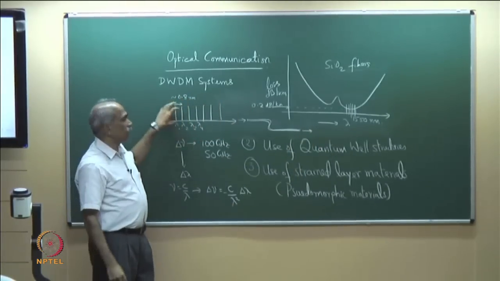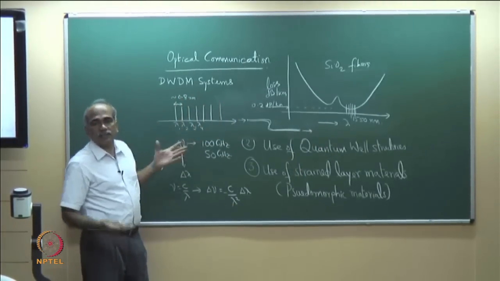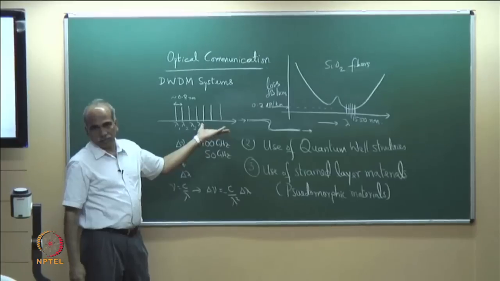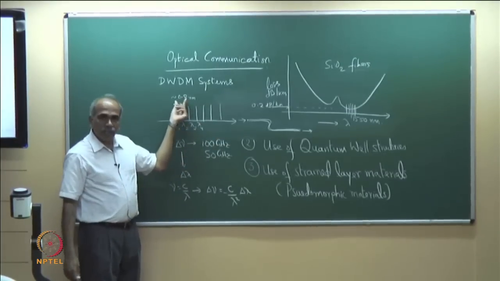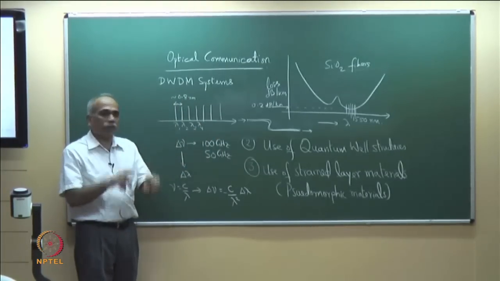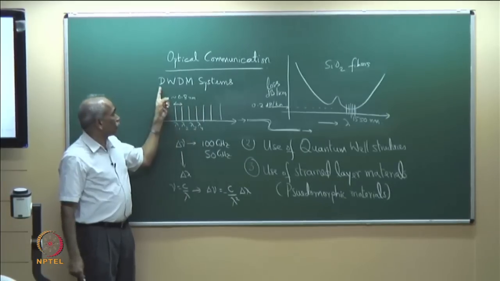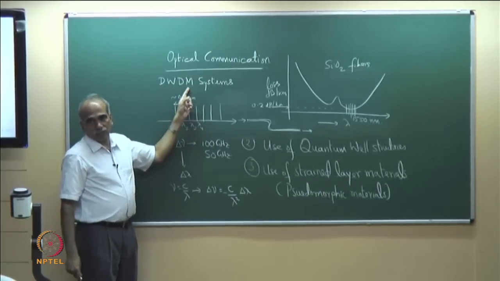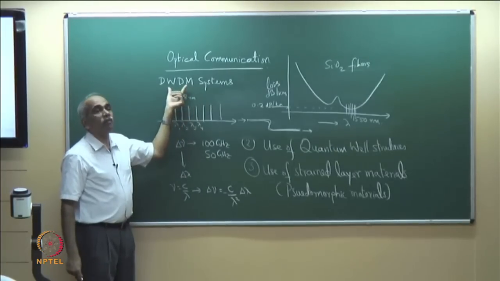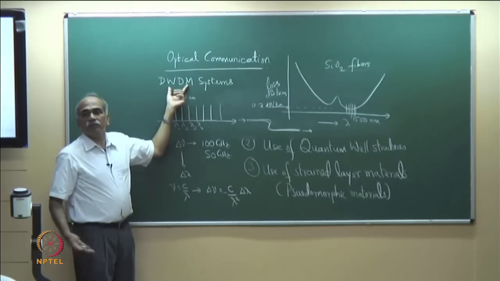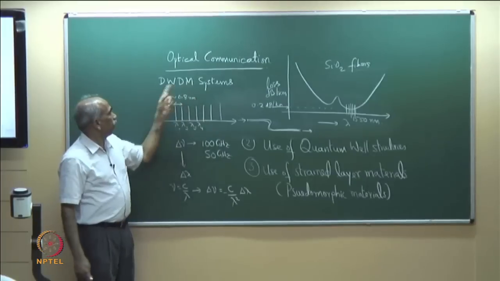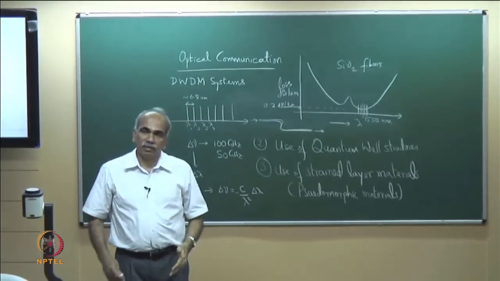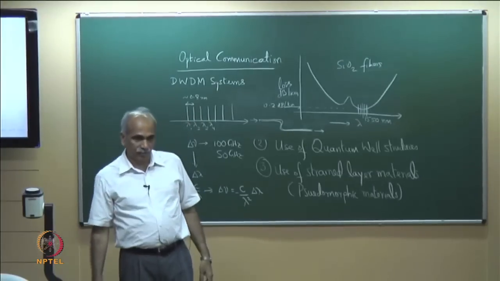The advantage is every wavelength has a certain channel capacity and you have a large number of channels. This 0.8 nanometer separation is quite close, and therefore the word dense wavelength division multiplexing. Normally one uses WDM, wavelength division multiplexing. Here the additional D is for dense, meaning very closely spaced channels.